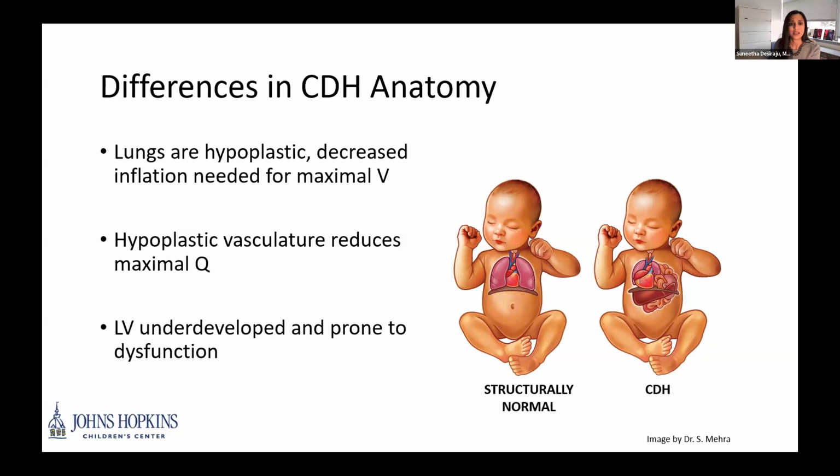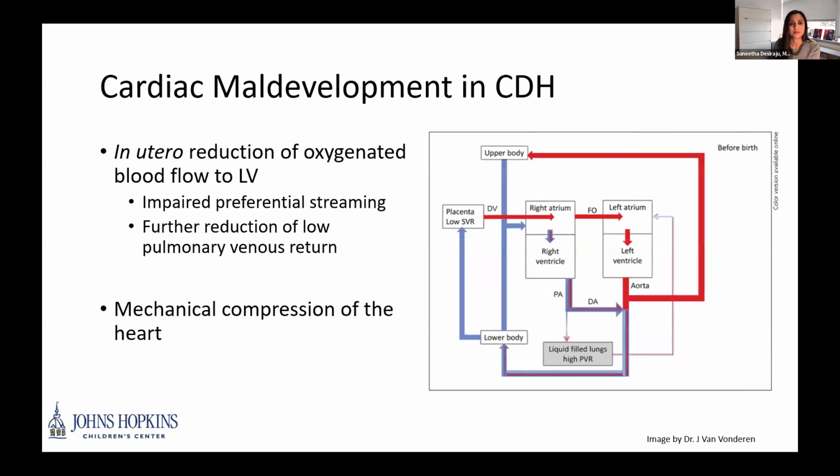Let me talk a little bit in detail about this cardiac maldevelopment. This is a simplified image of fetal circulation in structurally normal babies. And what we see is this phenomenon I mentioned a couple slides ago about preferential streaming, where the reddest, most oxygenated blood travels directly from the placenta through the right atrium to end up in the left atrium, with the purpose being to grow and develop the left side of the heart, to remodel and take over as a systemic ventricle ex utero.